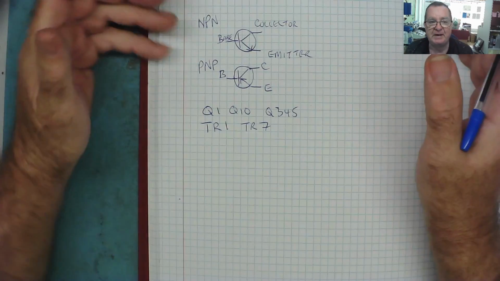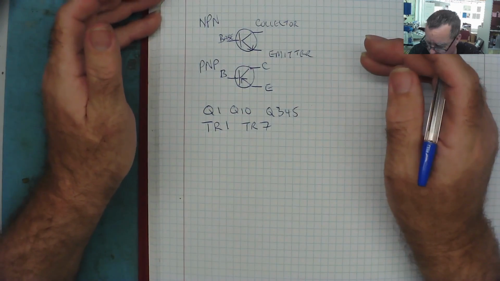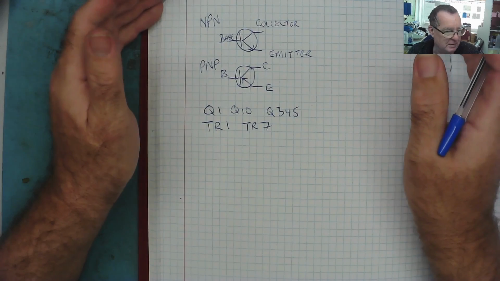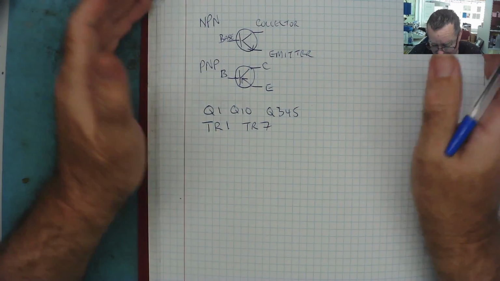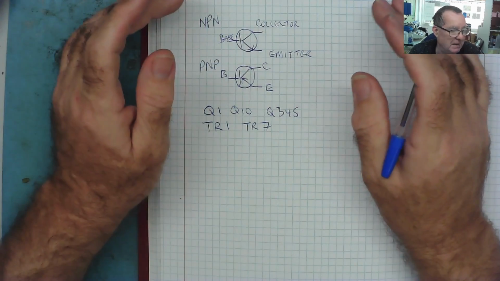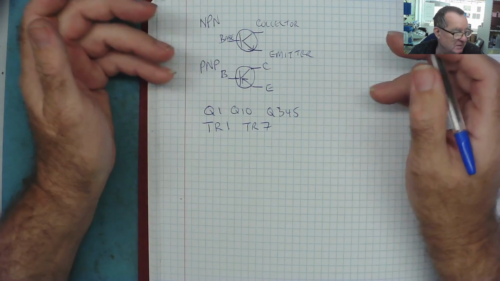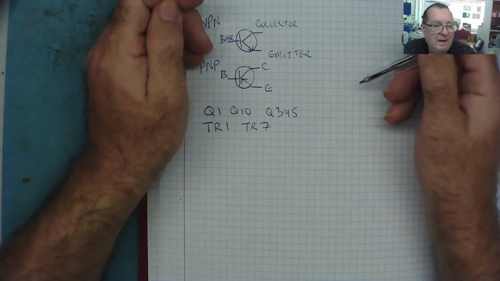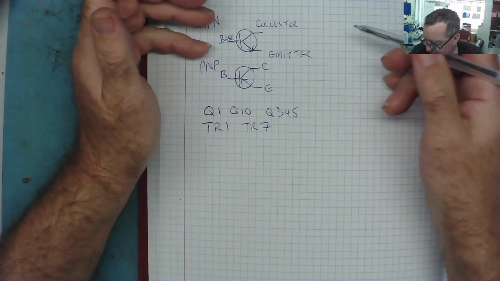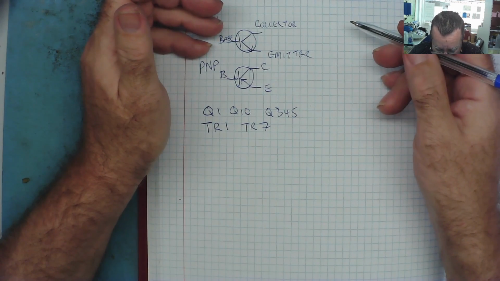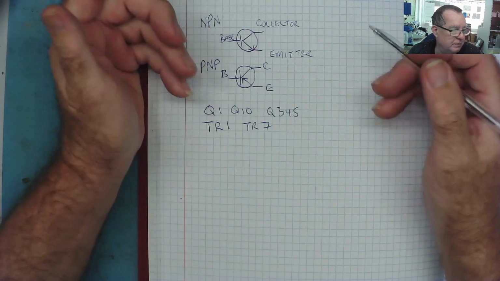I'll show you some physically in a moment, but unfortunately there are lots of devices that look like transistors but are not necessarily transistors. So it can be a bit difficult sometimes to look at a PCB to know what the device is without testing it. Let's have a look at a few transistors to see what they look like, and then let's test a few, and we'll test them out of circuit initially.